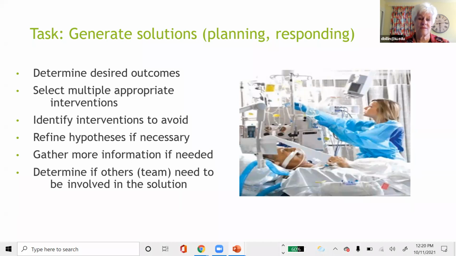For the student, I needed the team of other people to come help us, first of all, to call for the CT scan, and secondly, to get the patient transported safely. So other people might be involved in this particular step. But then you can see, by talking to the student or by asking them to write it out, what things they thought about as they were planning. What solutions did they generate?